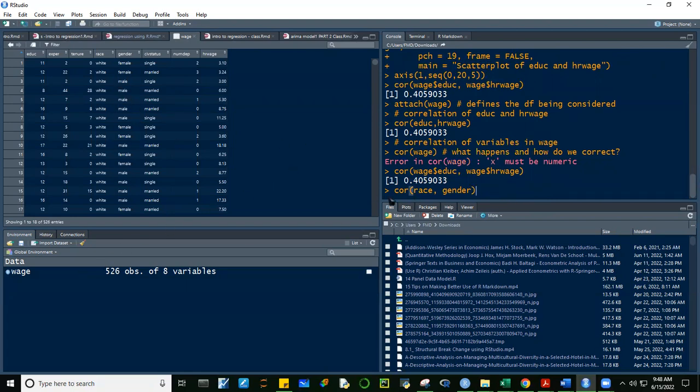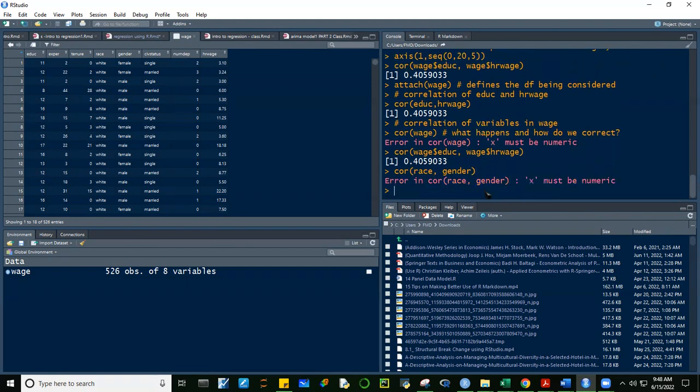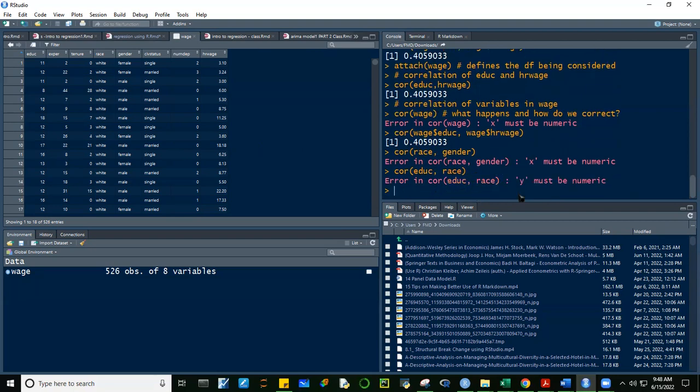No? So R will understand that this is coming from the wage data set. But if we get the correlation between two categorical variables, mag-error siya. Kahit nga guys, correlation between educ and race kunyari. Educ is a quantitative variable. Race is a categorical variable. If you get the correlation of that, wala. No? Hindi pwede magkaroon ng correlation pag categorical variable.